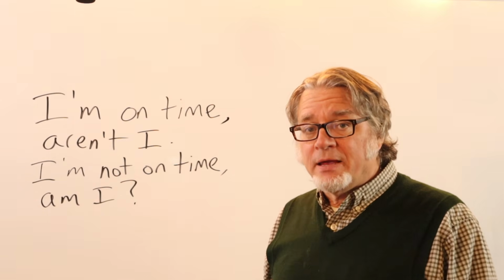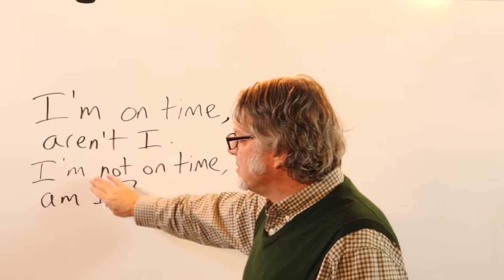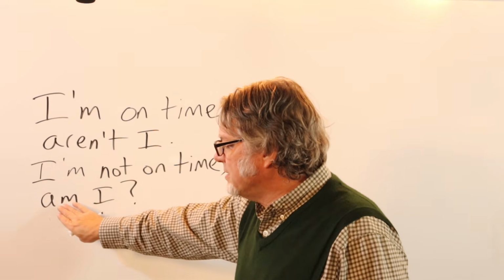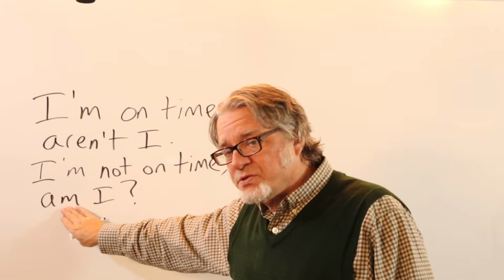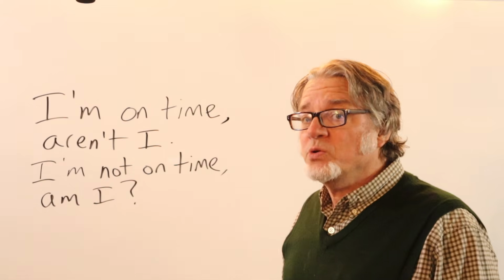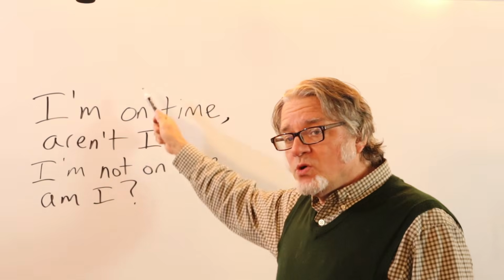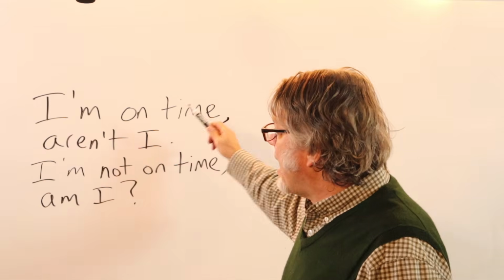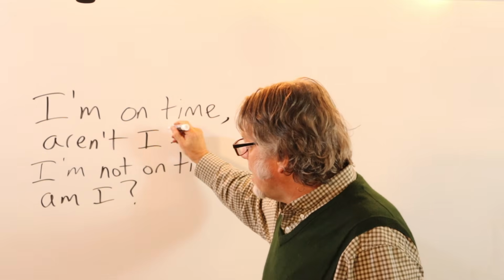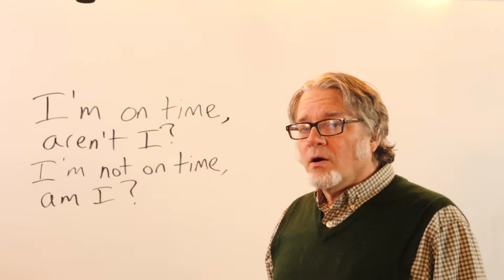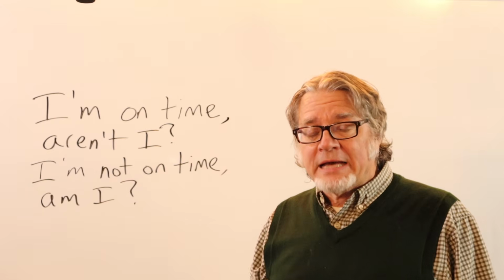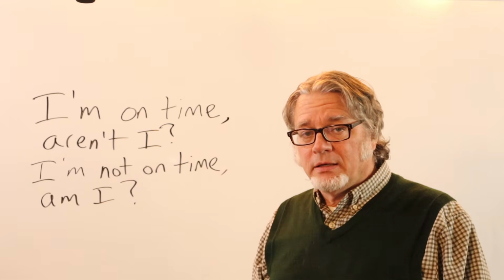I'm not on time, am I? In this sentence, this is am, and in this tag question, this is also am. Do you see the differences between the two questions? I'm on time, aren't I? Or I'm not on time, am I?